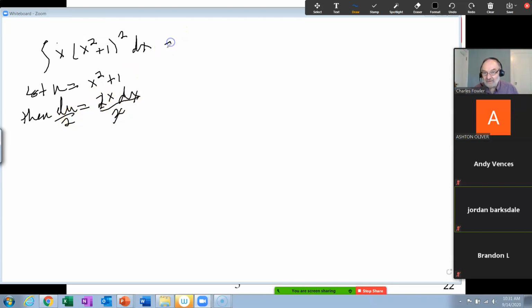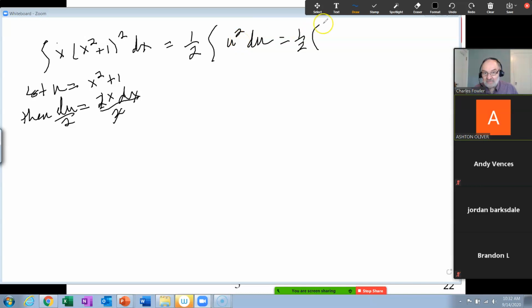So what do we have now? We have a 1 over 2. I'm going to pull that 1/2 on the outside, and then what we have inside the integral is u squared, that's your x squared plus 1, squared, du. It's a du over 2, but I'll put the 1/2 out here. And this is just the general power rule. 1/2 of what?